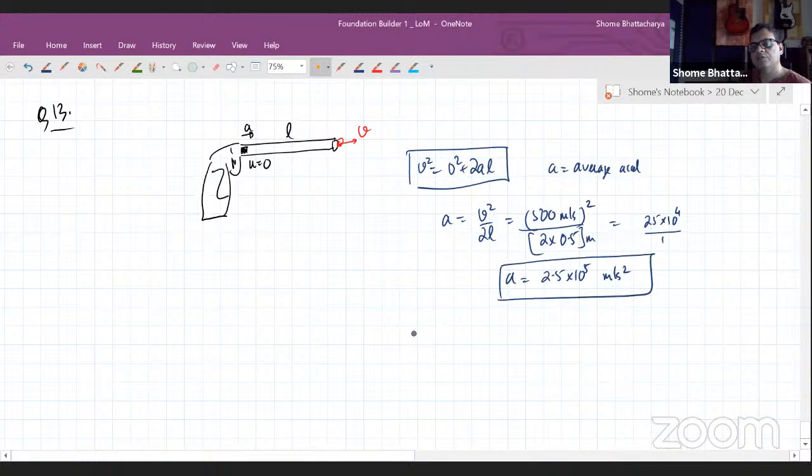So the average force will be mass into acceleration.